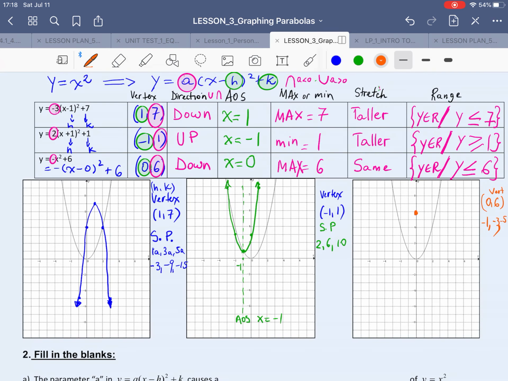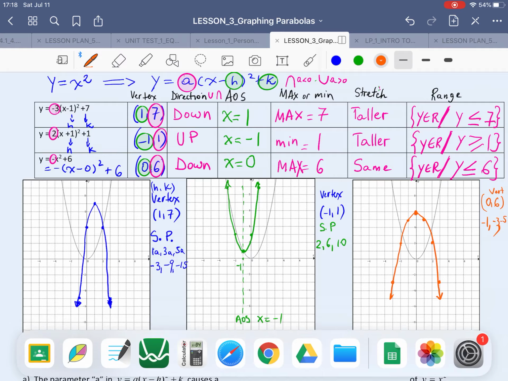And from the vertex, we're going to go over 1, down 1, right? Just follow the pattern. Over 1, down 3. Over 1, down 5. And the same thing on the other side. And that would be the graph of the parabola.